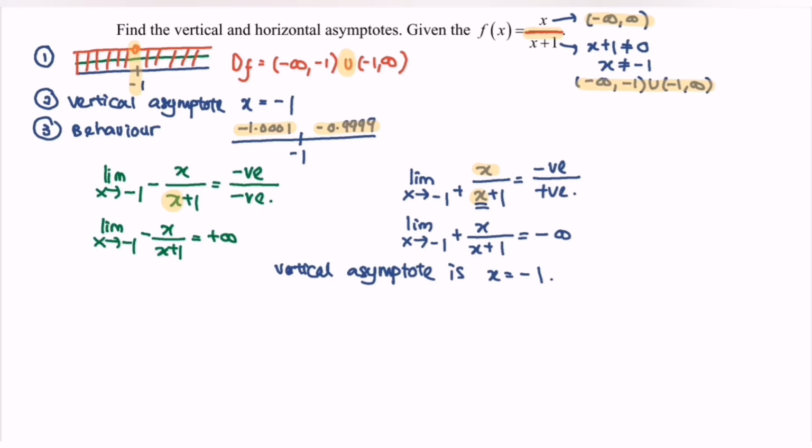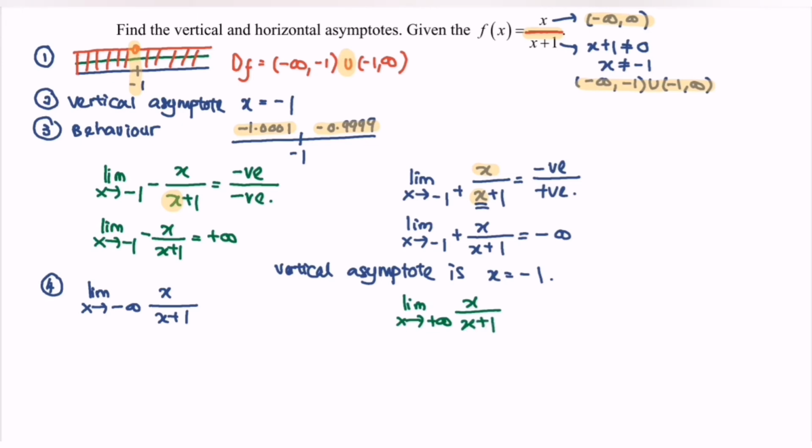Step number 4, we are going to find the horizontal asymptote. So how to find the horizontal asymptote? The limit when x approaches negative infinity for the function x over x plus 1. Then we have another situation, the limit when x approaches positive infinity for the function x over x plus 1.